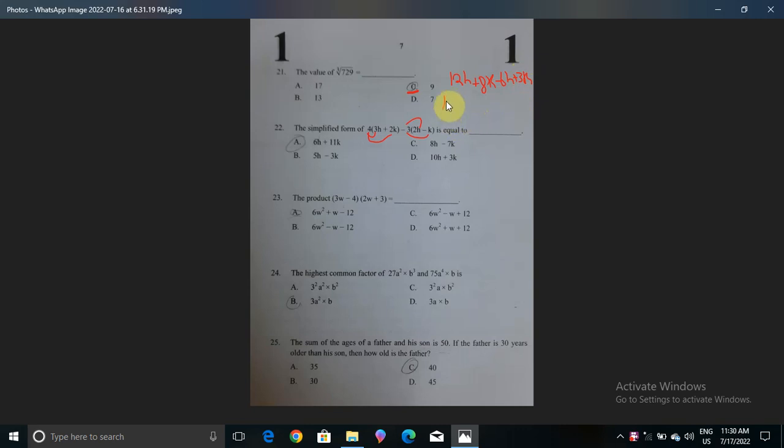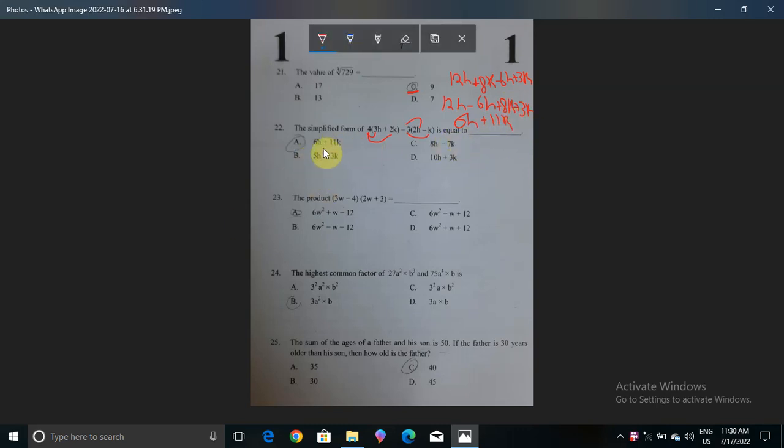So that means 12h minus 6h plus 8k plus 3k. That means the last answer will be 6h plus 11k.